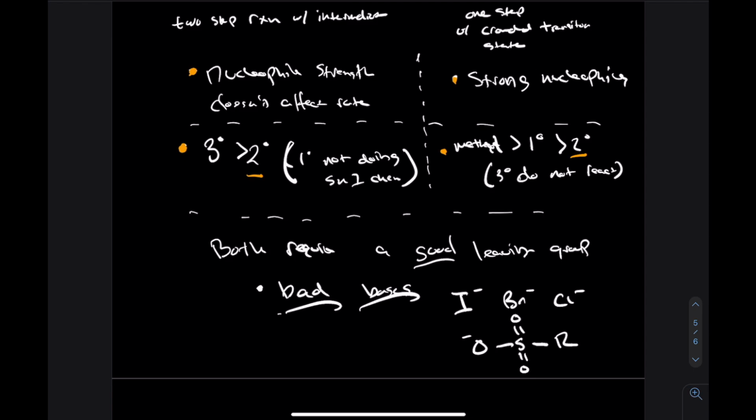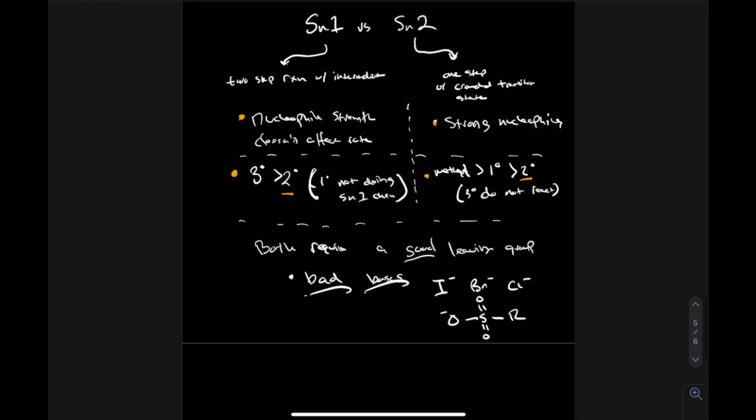Or inversely, think of an incredibly good acid, hydroiodic acid, sulfuric acid. The conjugate base of that is going to be a trash base. And so you're going to end up wanting a good acid with a terrible base.